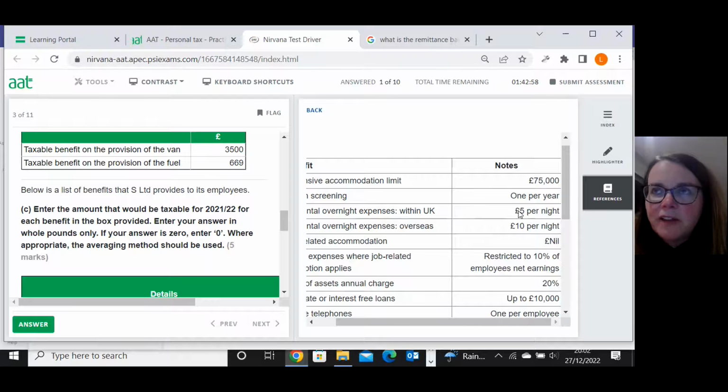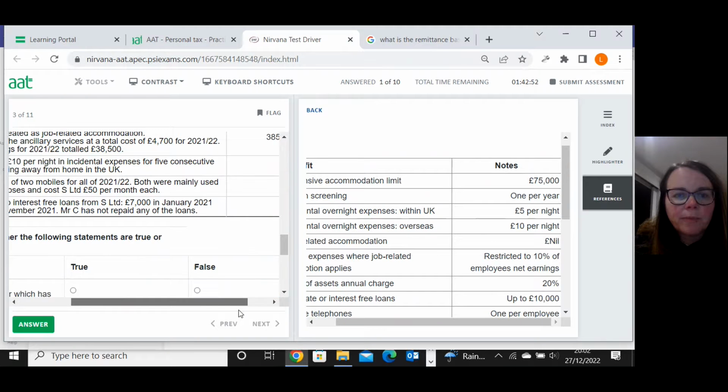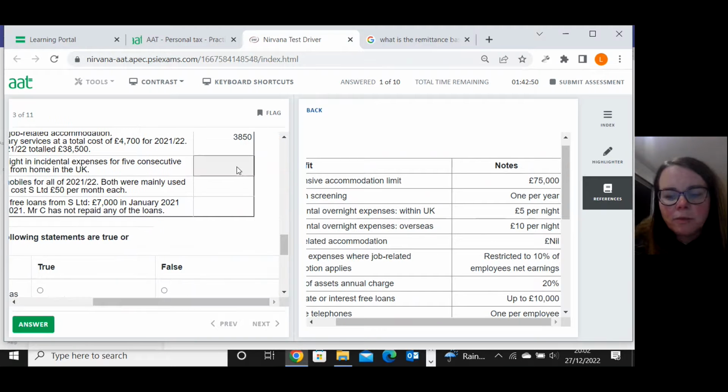So she's away for 5 nights at £10, so therefore £50. She will be taxed on that. The other rule here is that you need to look at it cumulatively. So although it's £5 per night, if for example it said £4 the first night, £6 the next night, and then £5 the other 3 nights, that too would be okay because it would work out at an average of £5 per night.